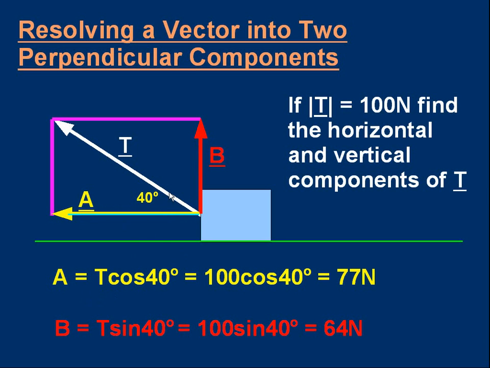So the magnitude of A, I've just abbreviated that now to A, is the magnitude of T, again just a plain T. A is T cos 40. It's 100 cos 40, works out to be 77 newtons. And B, well, the top angle would also be 40, and it's opposite. B is opposite to the top 40. So B is T sine 40, which is 100 times sine 40, which is 64 newtons.